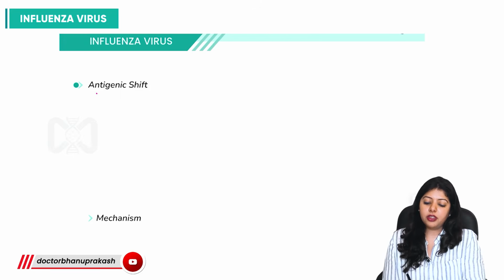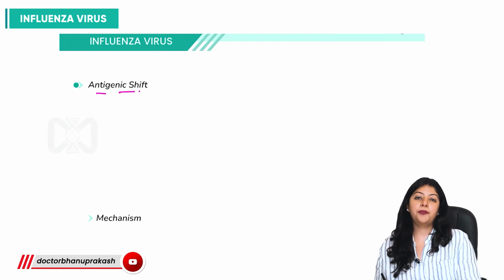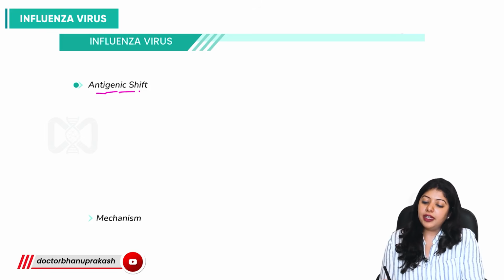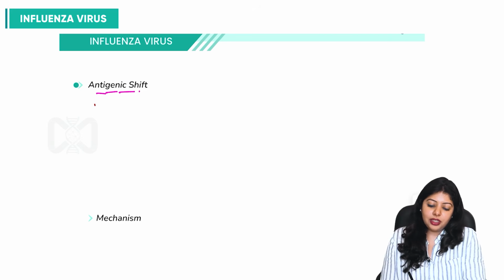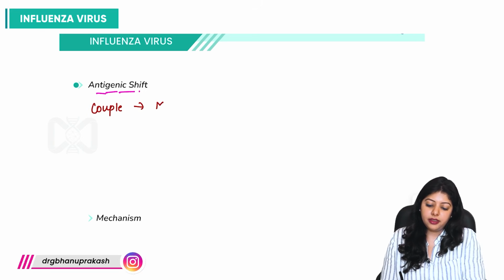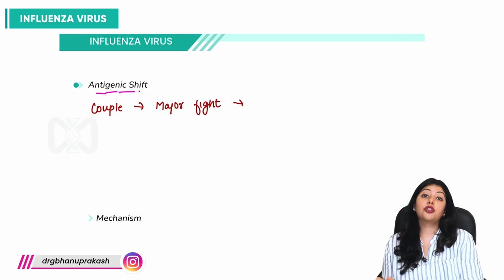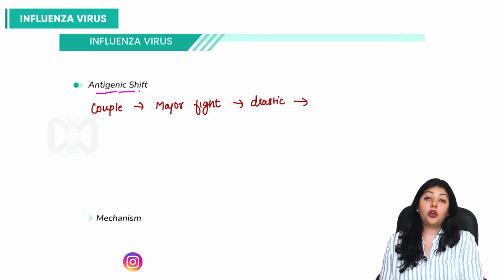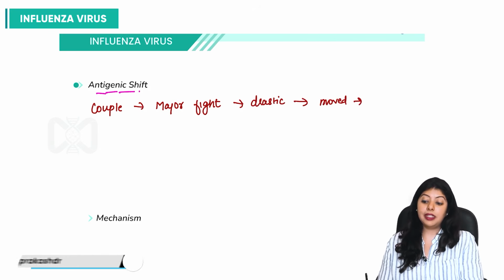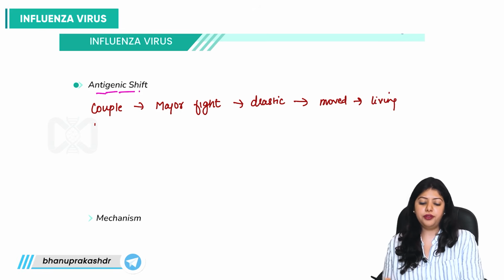So now let us discuss antigenic shift. For antigenic shift, let us also consider another couple, or rather a fierce couple. This couple somehow had a major fight and drastic changes took place. They stopped talking, they moved places, and they started living separately. They started having a different life.